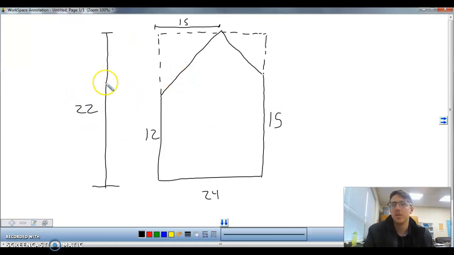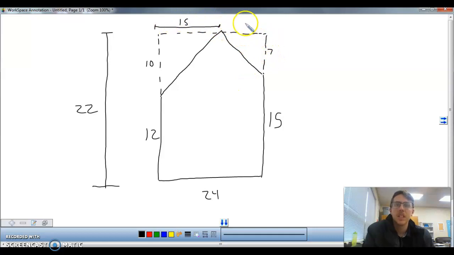They knew it was 22 feet long, 24 feet wide. So they took 22 times 24, then found the area of these triangles. Well, they knew if this was 22 total, this was 12 here, then this needed to be 10. They knew if this was 15 total and this needed to be 7, or if it was 22 total and this was 15, that needed to be 7.